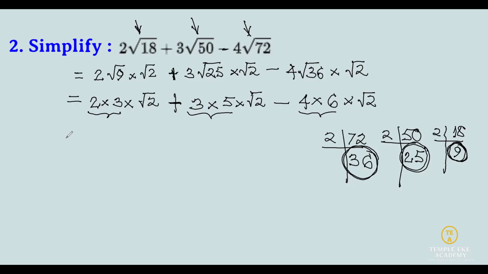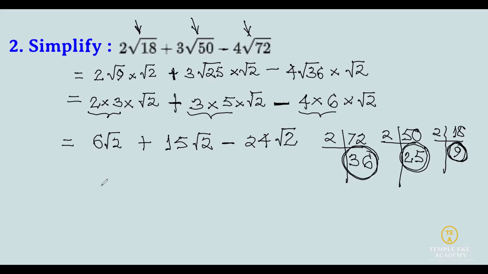So this will give us 2 times 3, that's 6, with root 2 attached, plus 3 times 5, that gives us 15, with root 2 attached, and minus 4 times 6, that's 24, with root 2 attached.